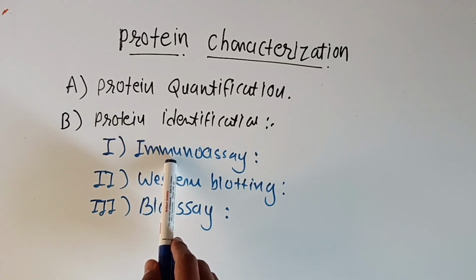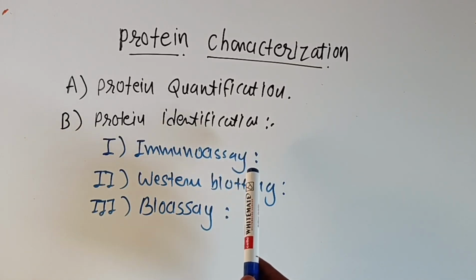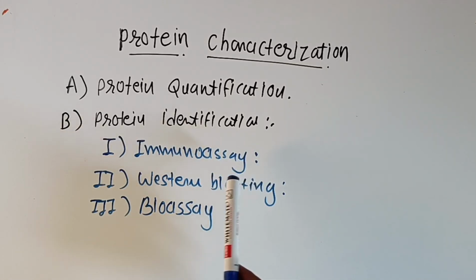In immunoassay we discussed radioimmunoassay, counting immunoassay, ELISA, fluoroimmunoassay, and chemiluminescence immunoassay. Then second, Western blotting, where we completely understood the procedure of SDS-PAGE gel electrophoresis and membrane transfer. Then third, bioassay, where we discussed six different proteins and their bioassay descriptions.